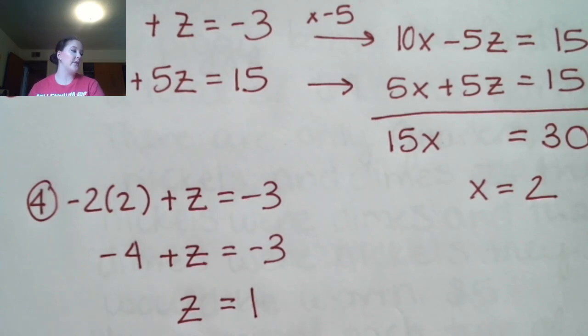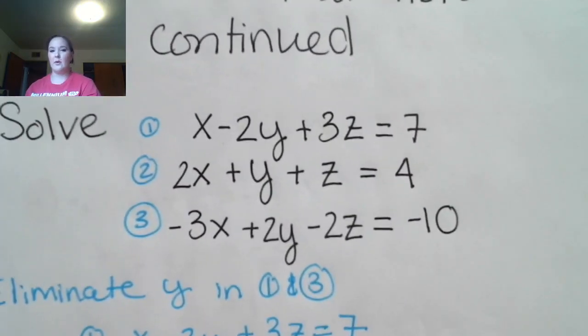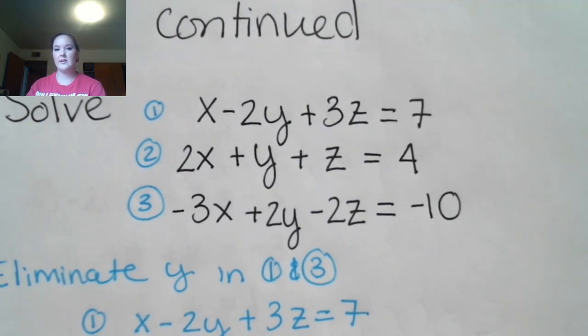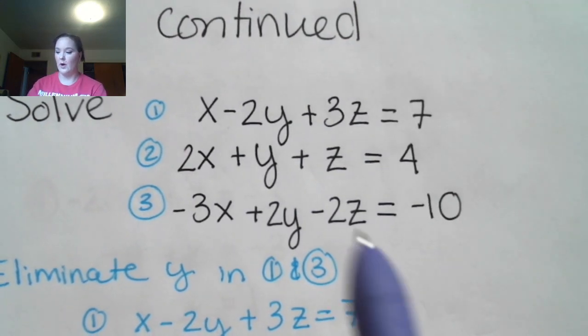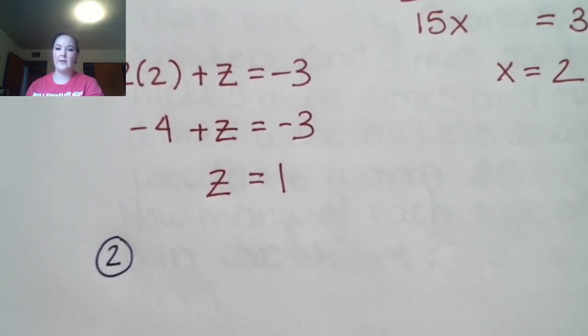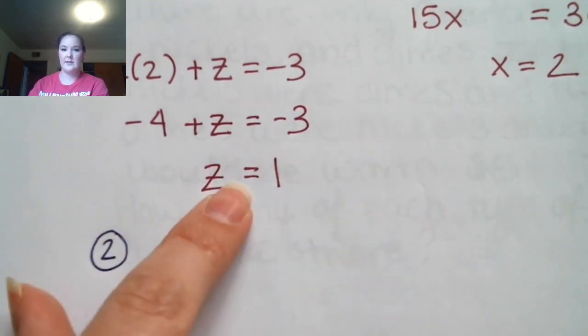Okay, now the last thing that I need to do is to find the value for the very last variable, which is y. So I'm going to pick from my original equations, the ones that have 3 variables, one that I think is going to be easy to find the value of y. So I'm going to choose equation 2, and I'm going to plug in the values that I have for x and z.